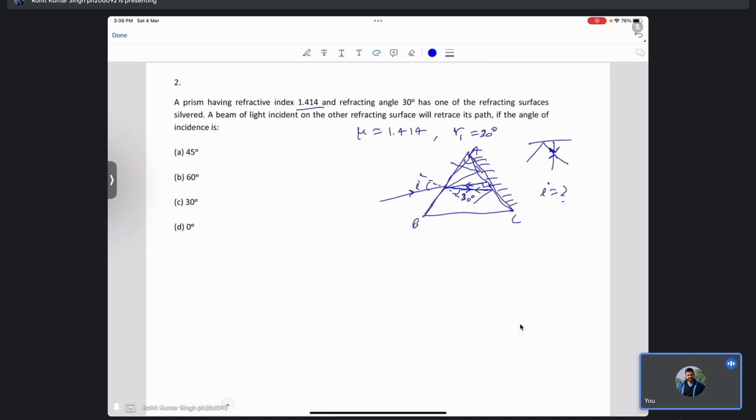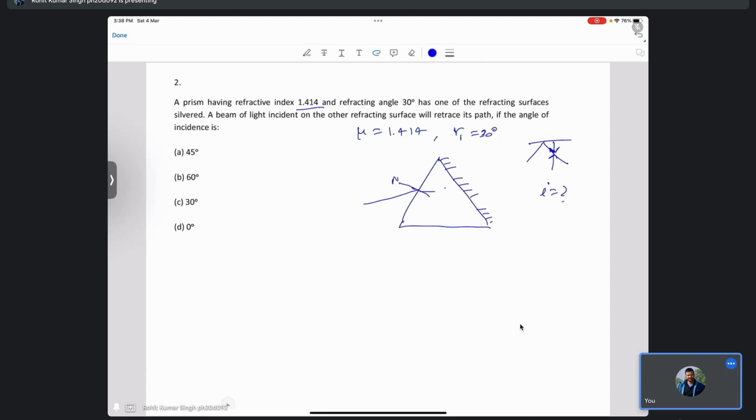So that's why, this got messy, so let me redraw it. So this is silver, beam of light is coming. This is the normal here.